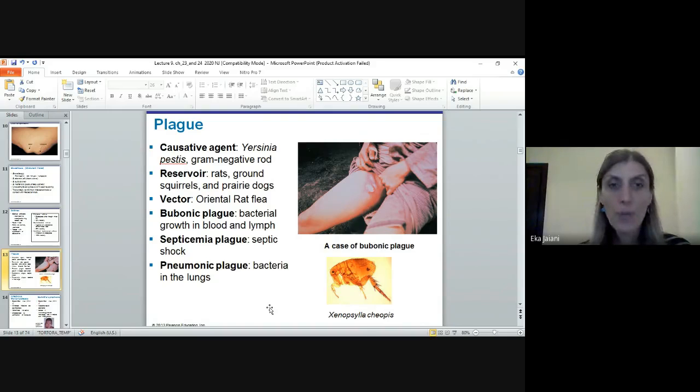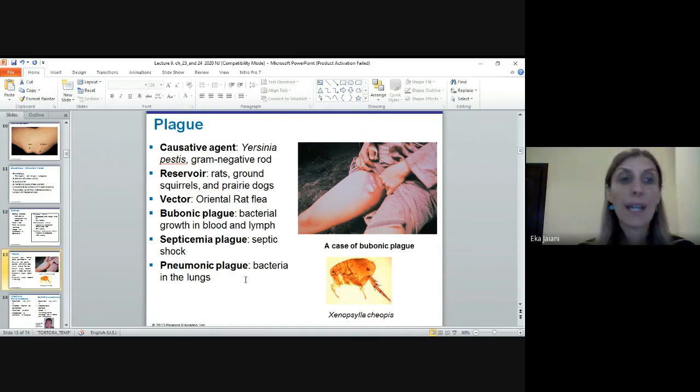Yersinia pestis is the causative agent, and we have different types of plague. Bubonic plague, when bacteria grow in the blood and lymph, and buboes develop, these nodules. There is also septicemic plague, when septic shock develops and the people die, and pneumonic plague, when bacteria affect the lungs.